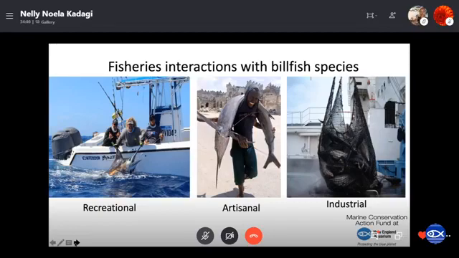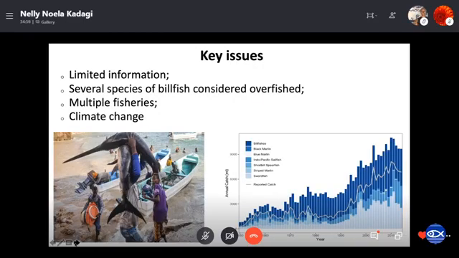And so our work through the MCAF grant helps to answer the question, how are these different sectors competing or interacting within the system when we look at billfish as a flagship species? And we've been able to get cool results that have led us to really think about the key issues that are impacting billfish, not only on the east coast of Africa, but also across the Indian Ocean region, given their expansive area.